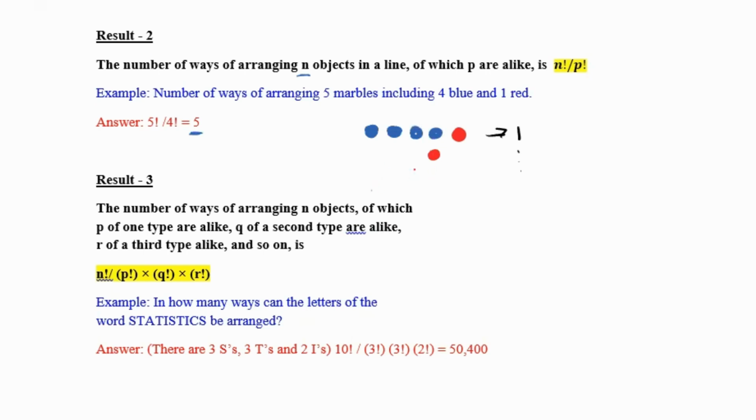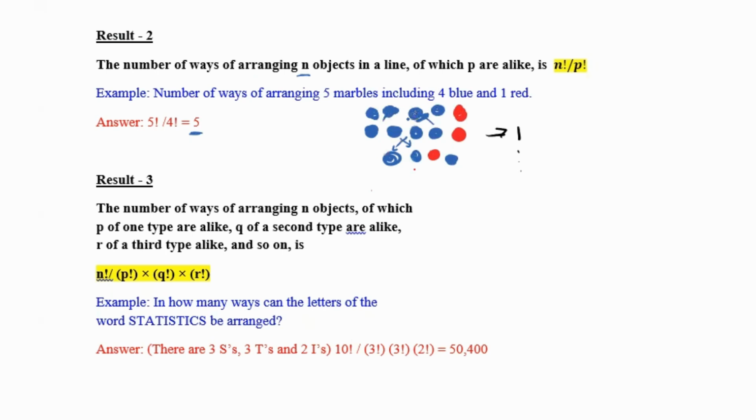But now imagine you switching this blue ball here and sending this blue ball here. And then in the next one, you keep the red ball here and you do the same thing with the blue ball. This goes here and this goes here.